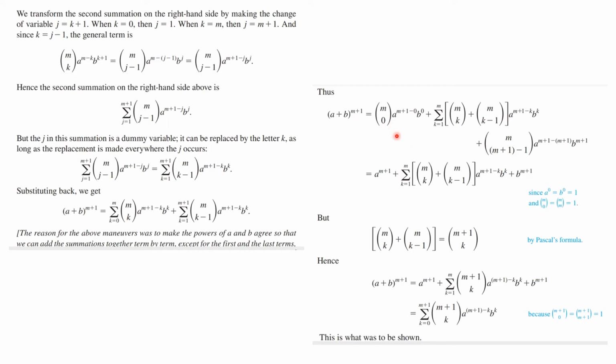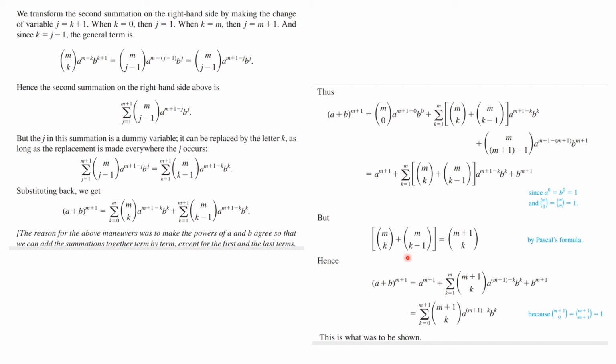So this is going to be a to the m plus 1 plus, and then I can simplify this expression since these are the same terms, combining like terms. So I get this one, plus this one, plus this one, and we have already proven that this is the same as m choose k plus m choose k minus 1.